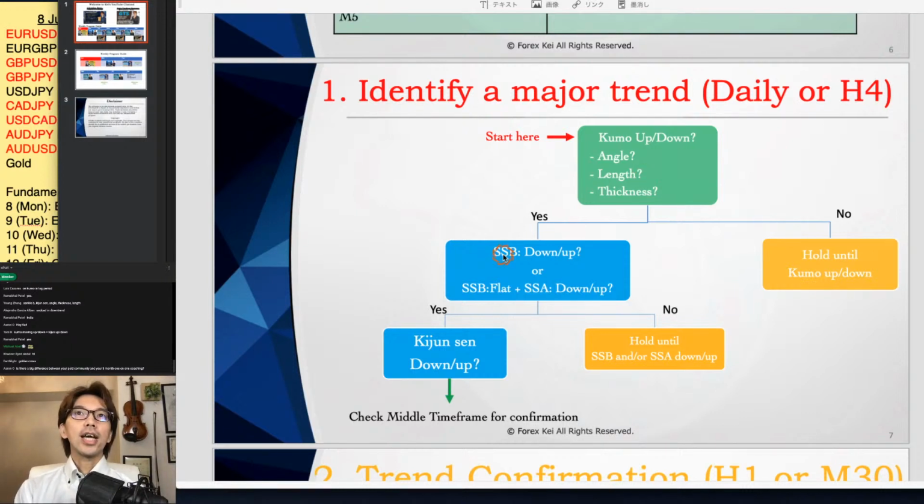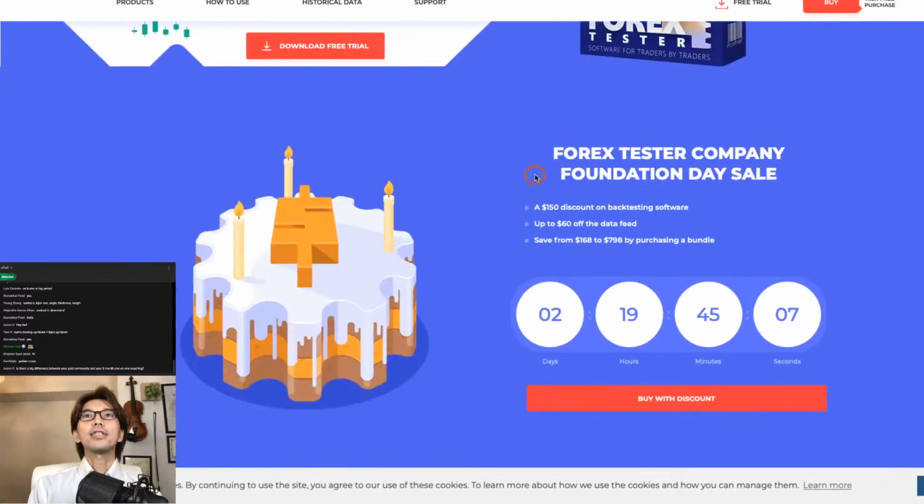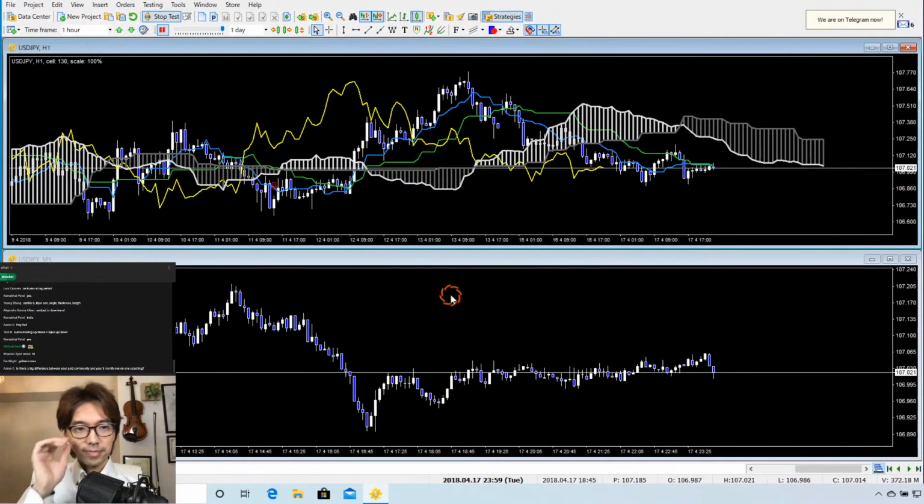And then I look at the Senko span B angle. And also, if Senko span B is flat, then I look at the Senko span A angle too, whether this is also moving up or down. And also I look at the Kijun-sen angle. Alright, so let's take a look at the chart, the Forex Tester as a demonstration now.